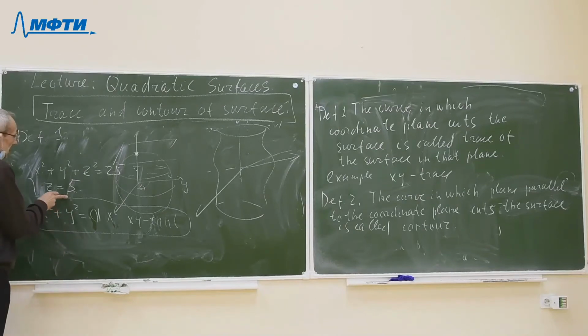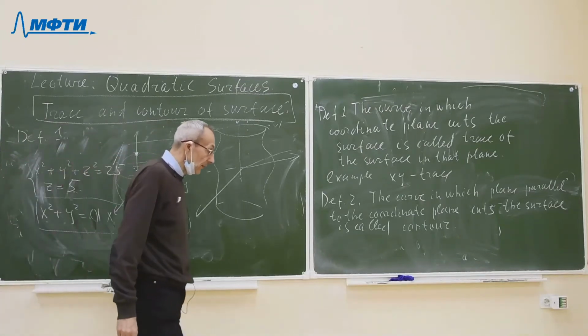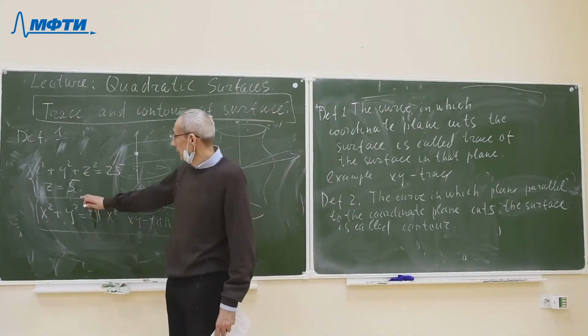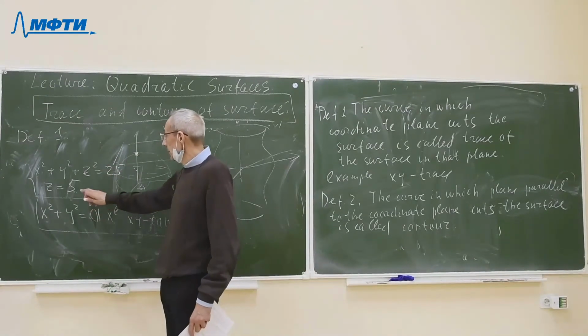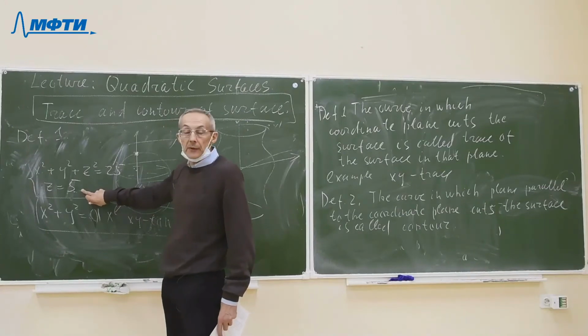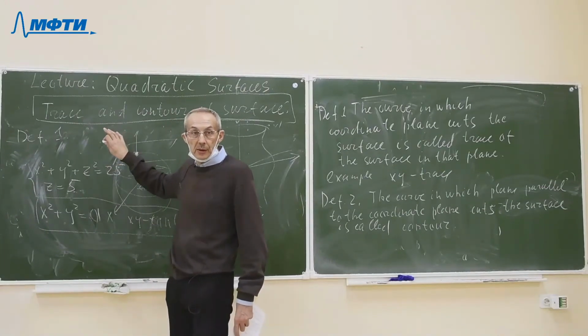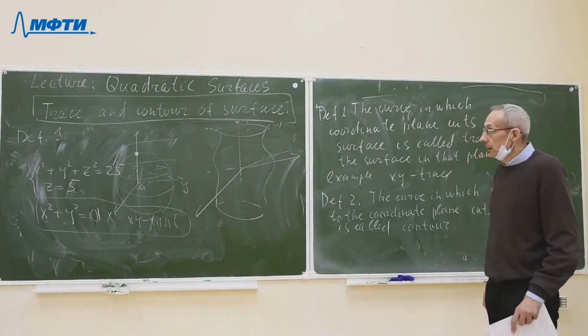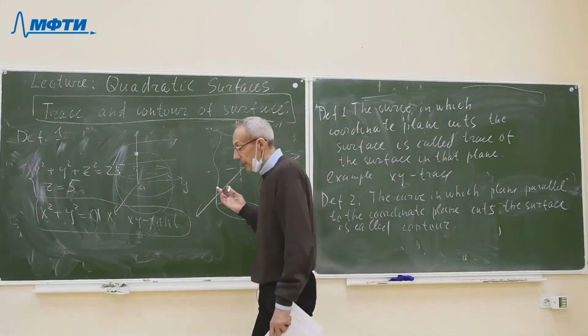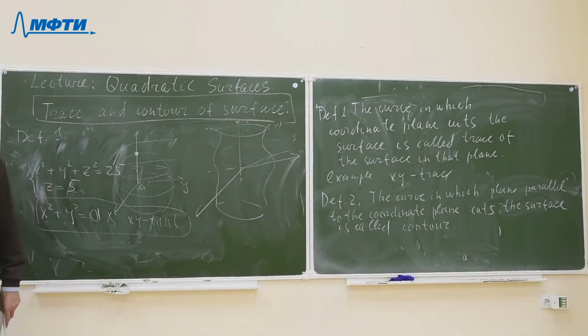And if the plane is given by the equation Z equal to some number greater than 5, we obtain the empty set as the intersection. Okay, these contours and traces help us to understand what surface we are considering.